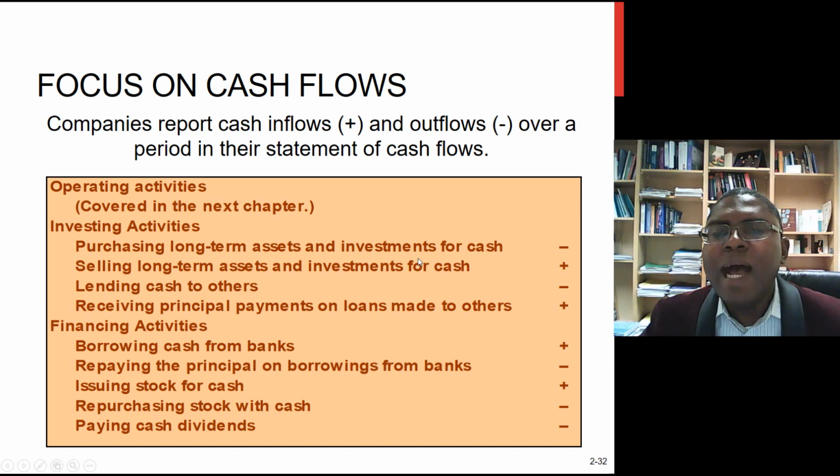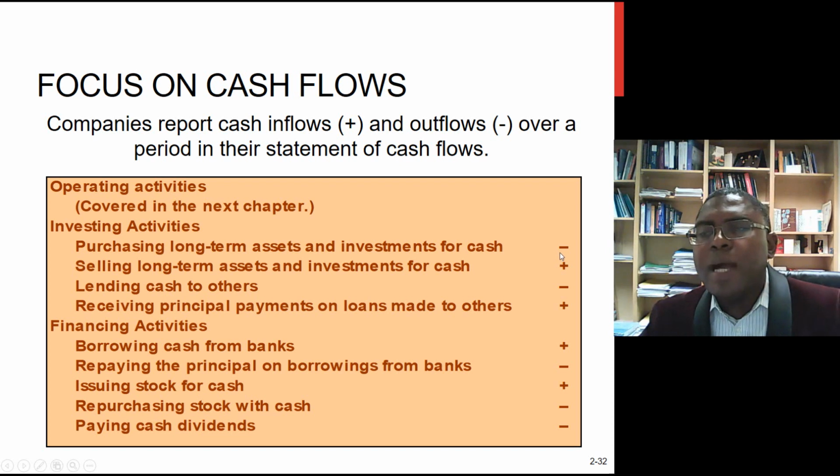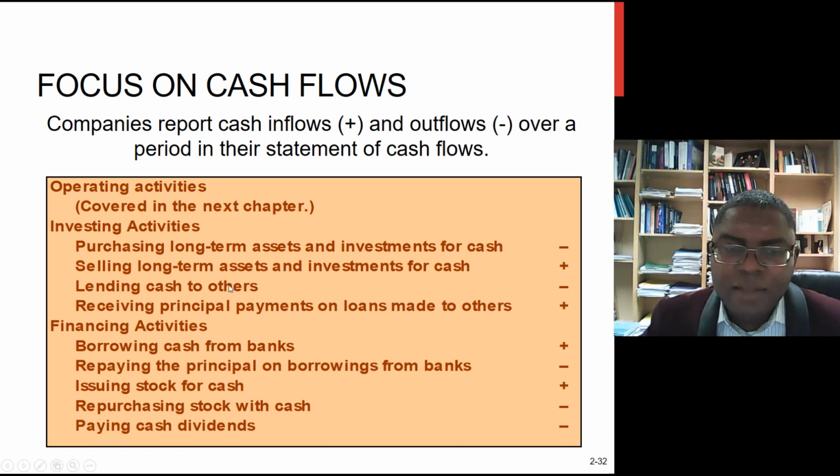So when we buy long-term asset, cash is going out. So we can look at this in terms of cash inflow, which will be positive, and cash outflow, which will be negative. So when we buy, cash is going out, that is negative.